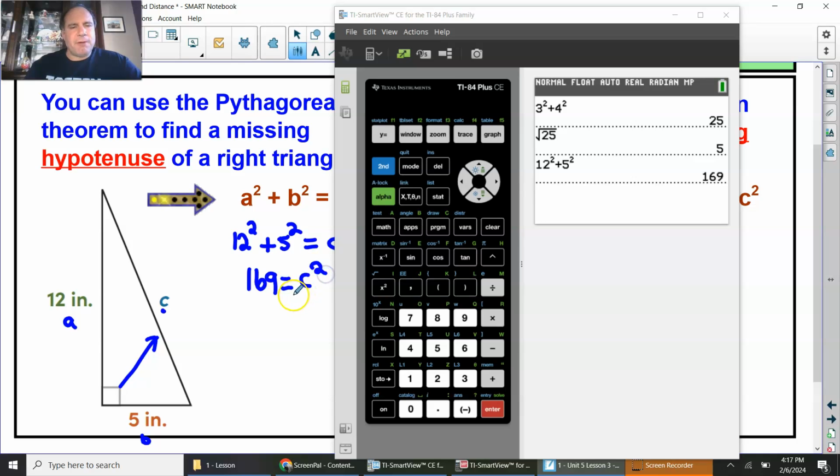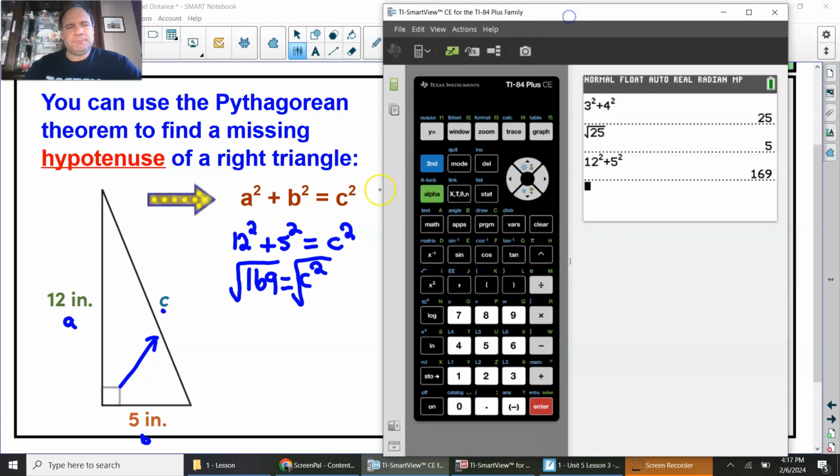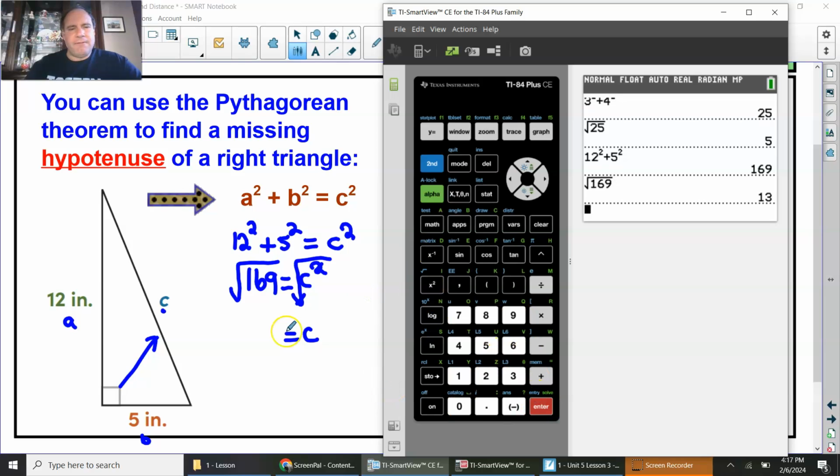The opposite of squared is square root, so you square root both sides. Once you square root both sides, you have C left, and then you do second function square root 169, and you have 13. So it's 13 inches as side C. So this side would be 13 inches.